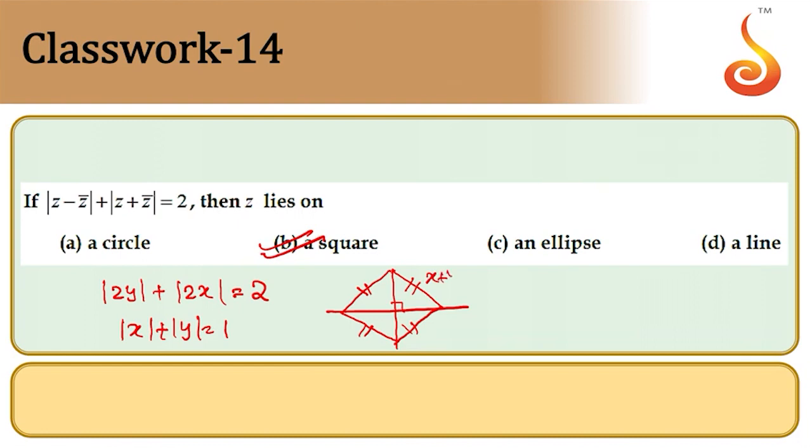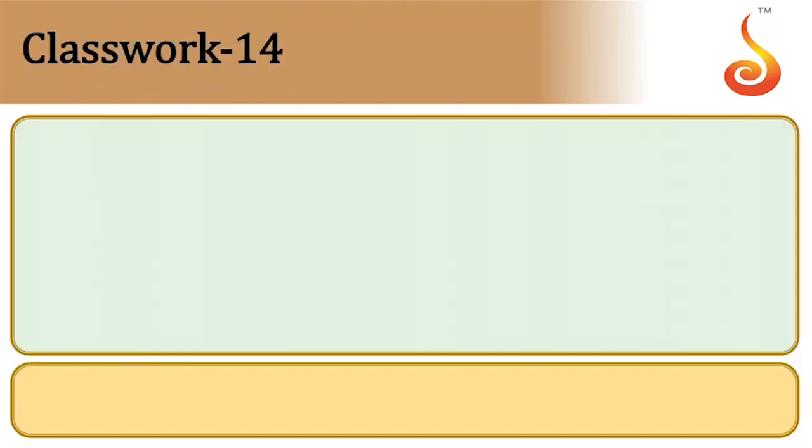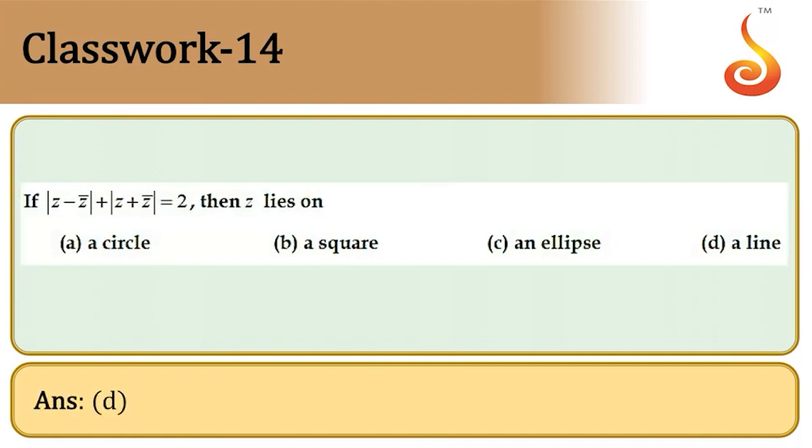So this will give you x + y = 1, this will give you x - y = 1, this will give you -x - y = 1, and this is -x + y = 1. So |x| + |y| = 1, z lies on a square. Option B, this is wrong.